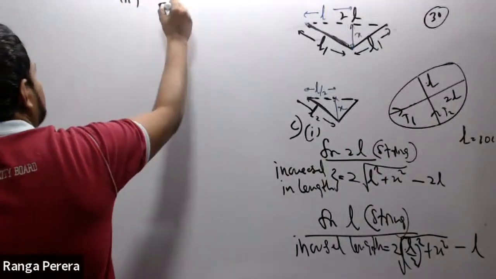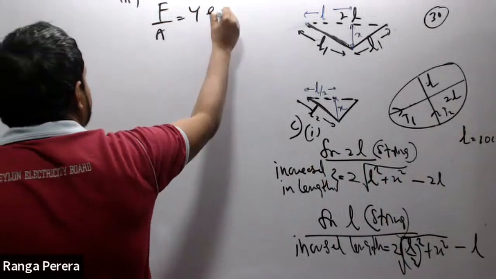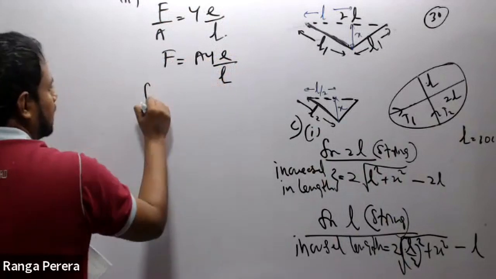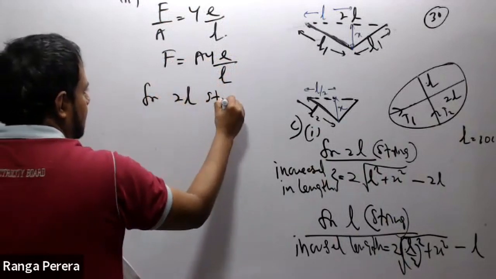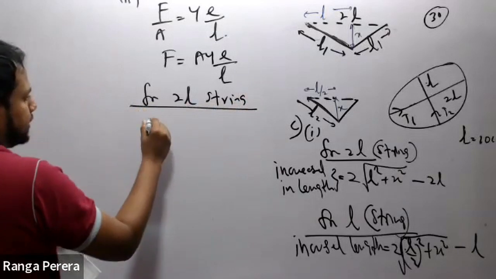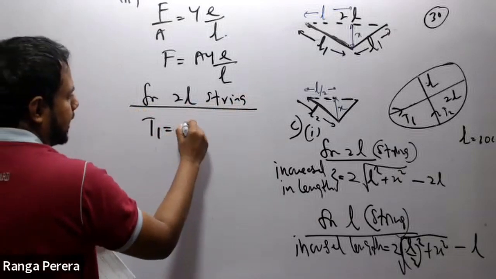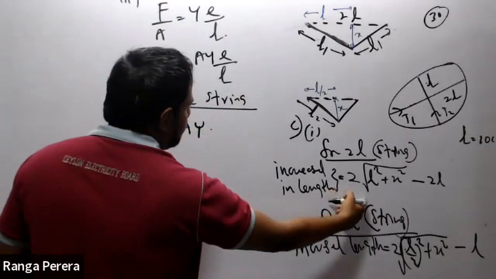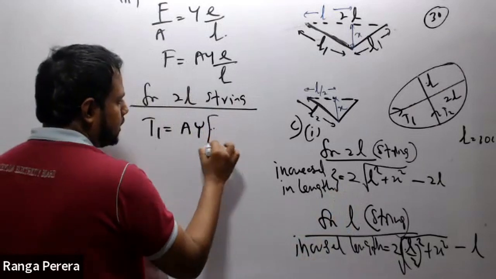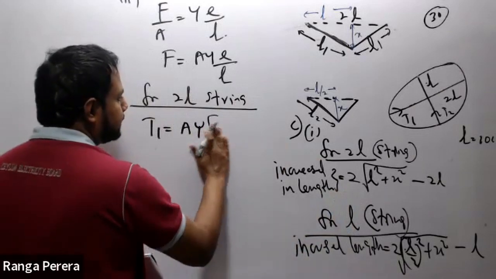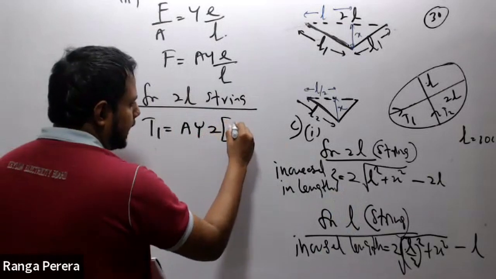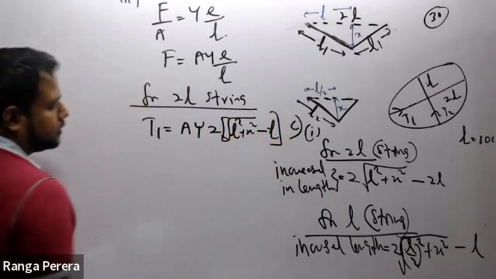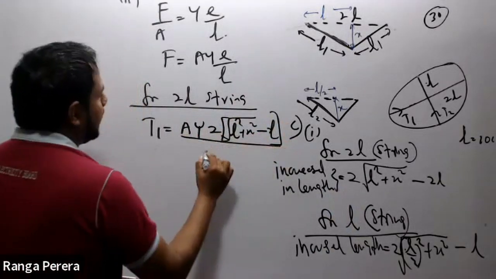F over A equals Y E over L, so F equals A Y E over L. For the 2L string, T1 equals A Y, and instead of E I should substitute this extension. I can take 2 out: root of (L squared plus X squared) minus L, divide by L.